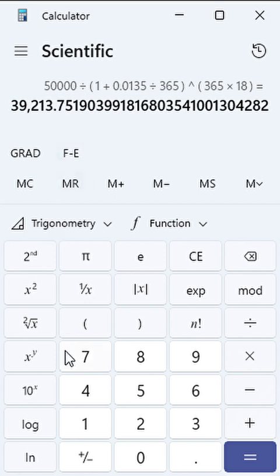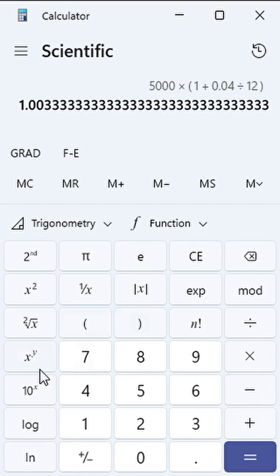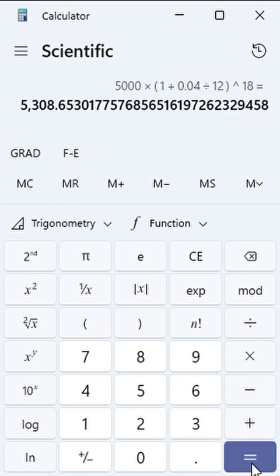I'm doing it here. So 5,000 times 1 plus 0.04 divided by 12, parentheses, then to the power 18.